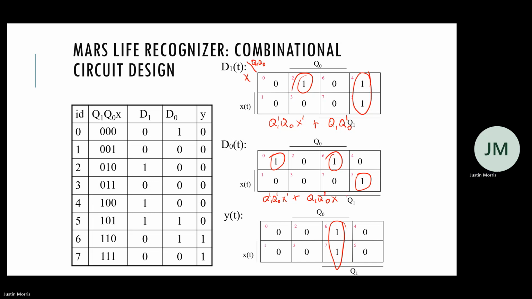Right? And then I need to make a 6, Q1, Q0, X. Right? And then for Y of t, it is just Q1, Q0. Right?